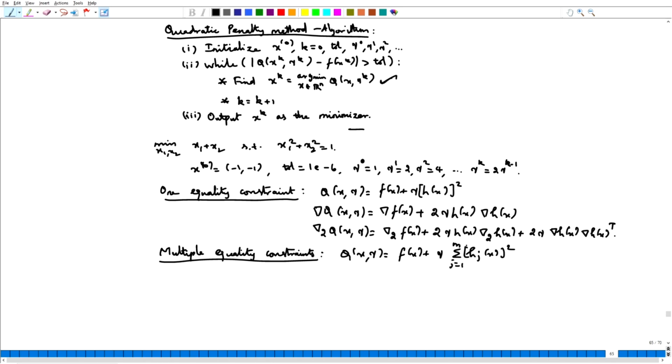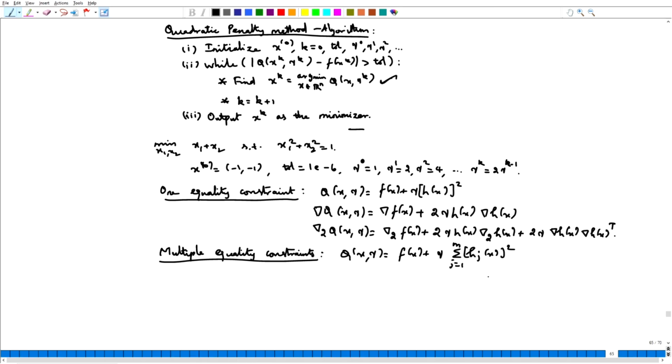Suppose you have m equality constraints. You levy a penalty of gamma for each of the constraints that are getting violated. If only one constraint is getting violated, only for that constraint a penalty of gamma is levied.